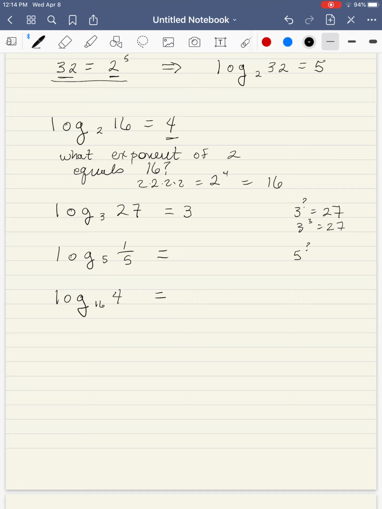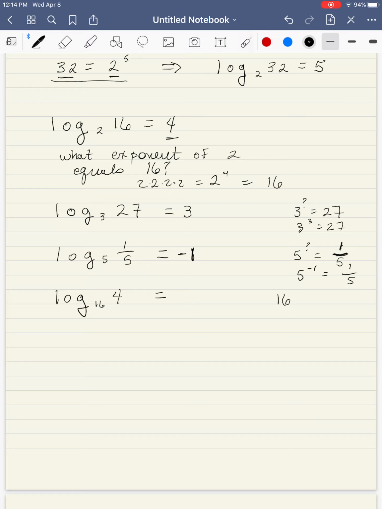On this one, we're thinking 5 to what power equals 1/5? Now we see this 1 over 5. That should immediately make me think, oh yes, this is a negative exponent. 5 to the negative 1st power equals 1/5. So this one is -1.